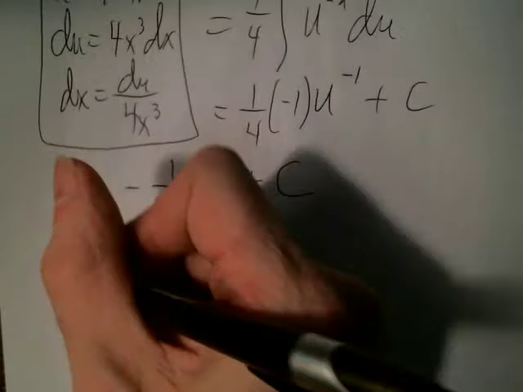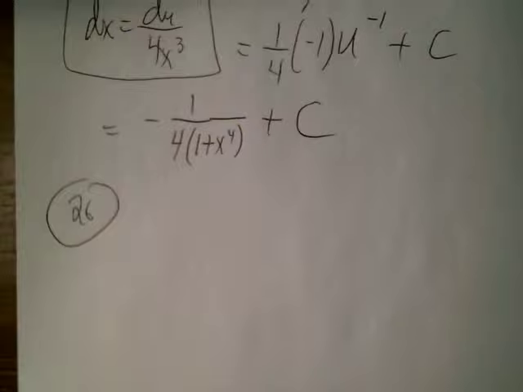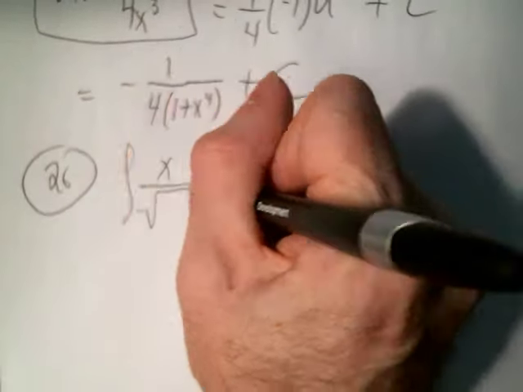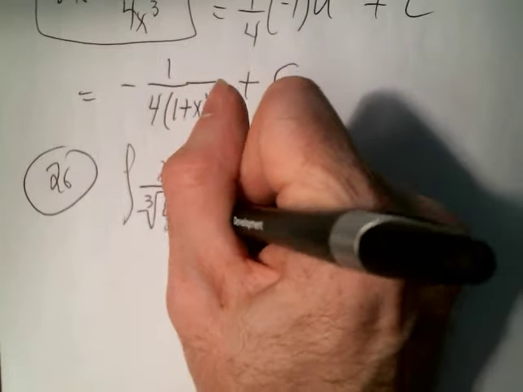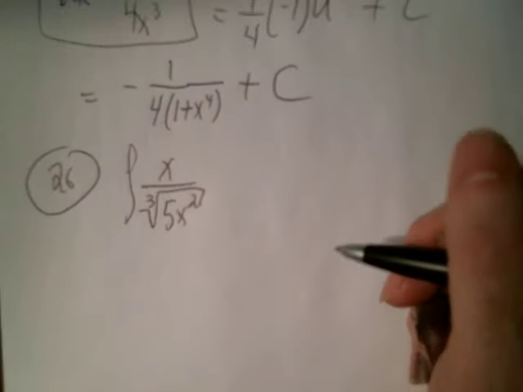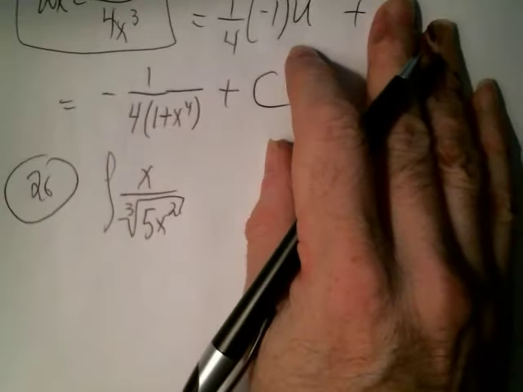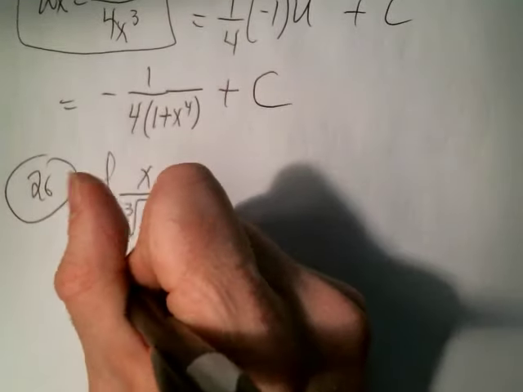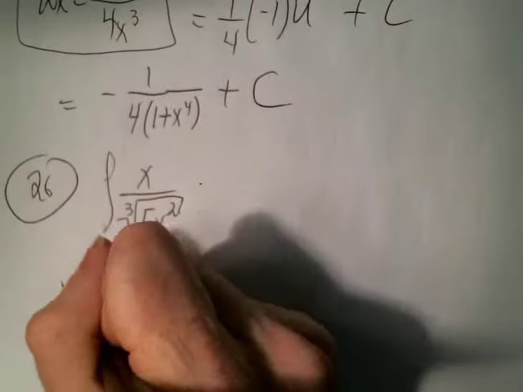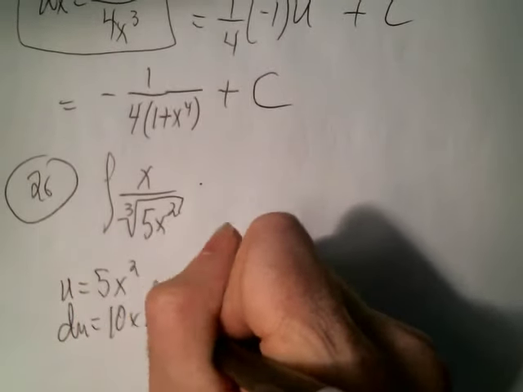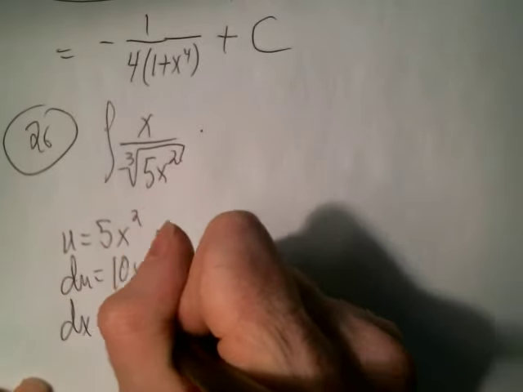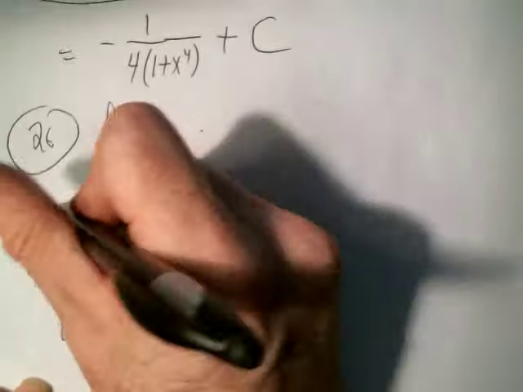One more. 26, the integral of x all over the cube root of 5x squared. So I can let u be the 5x squared, and then du will be 10x dx. And so dx will be du over 10x.